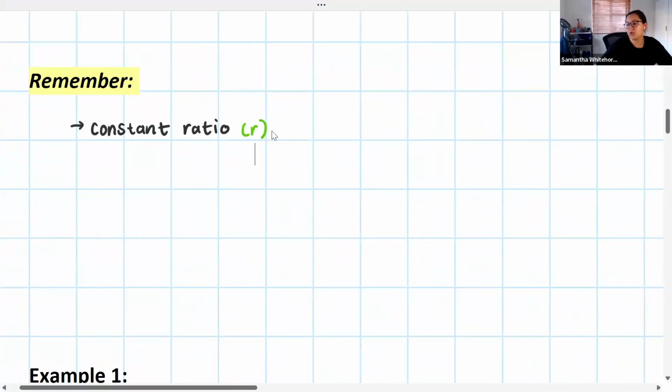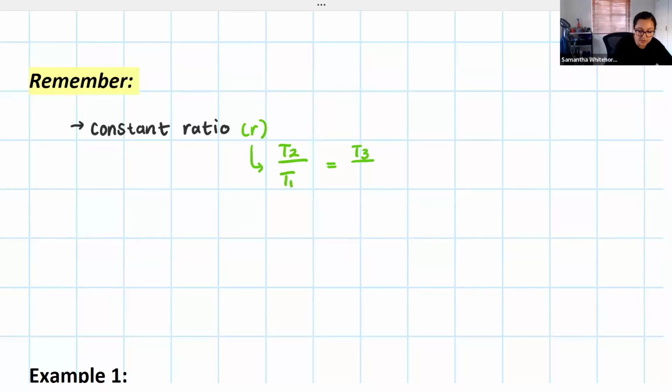In order for us to determine an R value, we need to have term 2 divided by term 1, or term 3 divided by term 2, etc. As long as you've got two consecutive terms, you can find your ratio. So that's the first thing that we need to know.